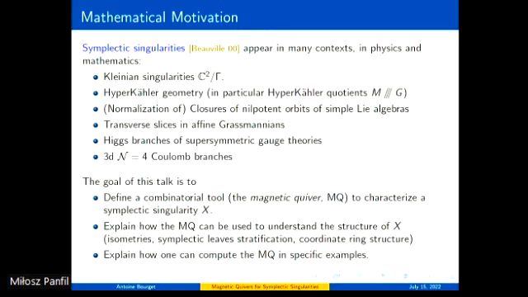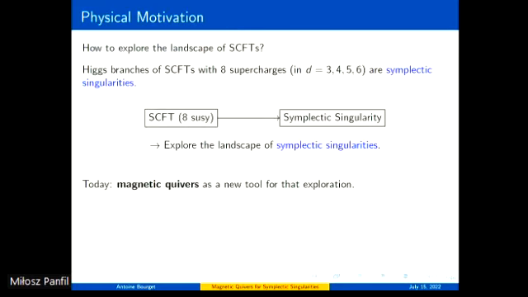And of course, I also need to tell you how one can compute such a magnetic quiver in the first place. So the physical motivation, and this is where I come from, is from Higgs branches of theories. So more concretely, the Higgs branch of theories with 8 supercharges is in this class, as I said in the previous slide.